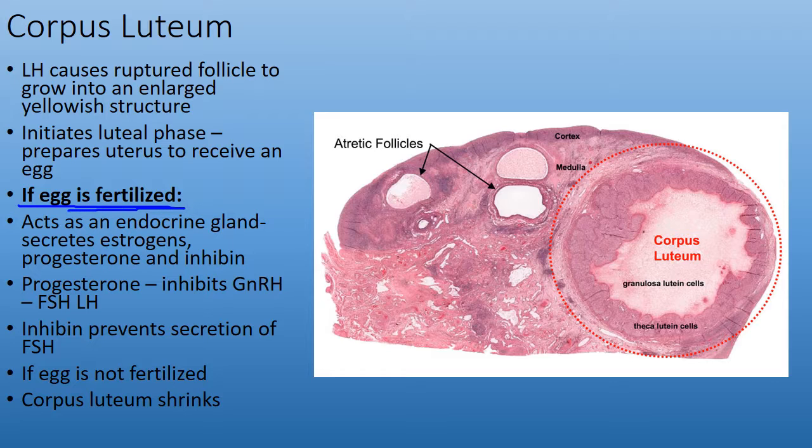If the egg is fertilized, it will secrete estrogens and progesterone. Progesterone inhibits gonadotropin releasing hormone from the hypothalamus, which will inhibit the release of FSH and LH. We see the prevention of FSH being secreted in hopes that when fertilization and pregnancy take place, another egg will not be matured and released.